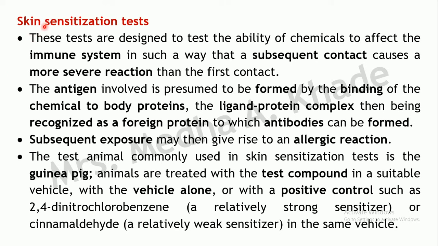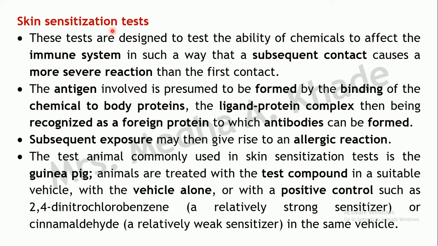Coming to the next type of test, the skin sensitization test. As the name implies, you are observing for sensitization of the skin, whether the immune system is getting activated. There are certain chemicals which have the ability to activate the immune system. Upon first exposure, it will identify that substance as foreign, so it will be antigenic.